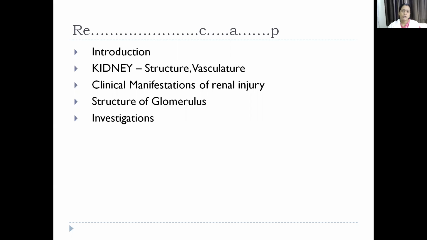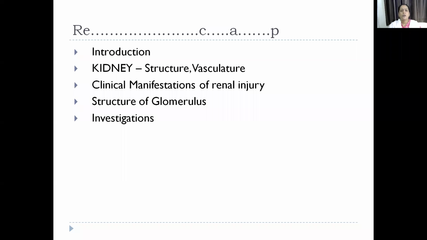So we spoke about the kidney structure. Essentially, the kidney is a reniform shaped organ. The adult kidney has a smooth surface and has a capsule, and because it is a retroperitoneal organ, it is invested in fat, and it has a lot of protection or cushioning around the kidney, and it also has Gerota's fascia.